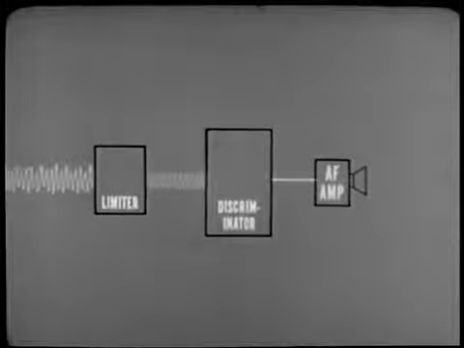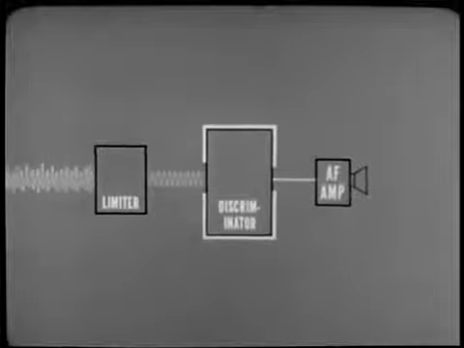You might say that the discriminator in FM is the rough equivalent of the detector in an AM receiver. Feed the frequency-modulated carrier into the discriminator, and its output will be an audio frequency voltage. Feed it an RF signal with constant frequency, and there will be no output signal.